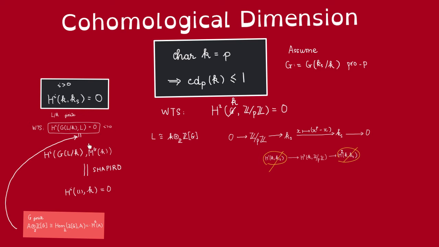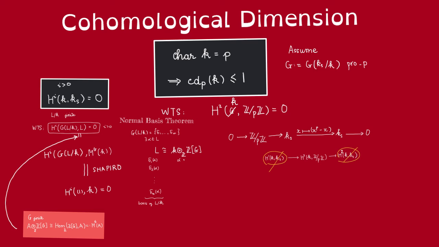So why is L equal to the co-induced module of K? This is by the normal basis theorem. It says that if L over K is a finite Galois extension, so let's say the Galois group is given by this, then there must exist an element alpha in L such that sigma_1 alpha, sigma_2 alpha, and so on, sigma_m alpha, give a basis of L over K as a vector space.